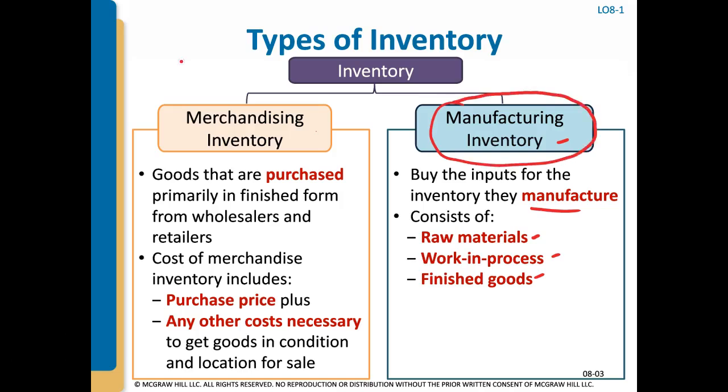They manufacture items versus merchandising inventory are just goods that are purchased in finished form from a wholesaler or retailer. So think about the clothing store. If I am a clothing store and I just buy all my clothing from my supplier, from my vendor, I'm a merchandising inventory. The company that makes all the clothes, they are the manufacturing inventory.